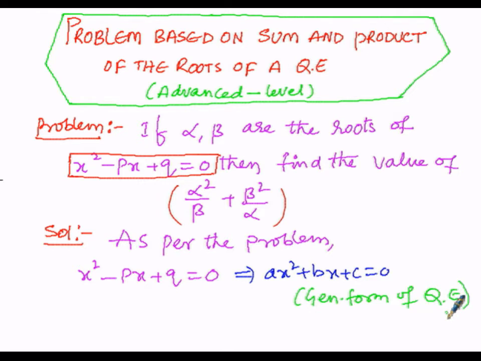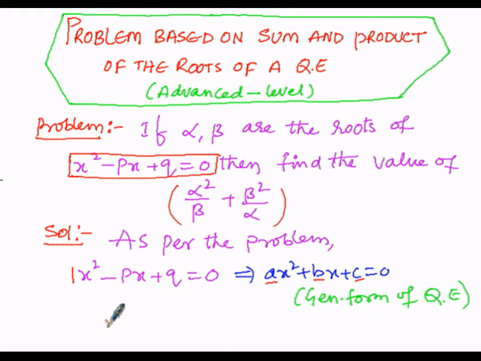By comparing here, x square's coefficient is a in the general form and 1 in the given equation, whereas x coefficient is b in the general form of a quadratic equation and minus p in the given quadratic equation, and the constant is c in the general form and q in the given quadratic equation.